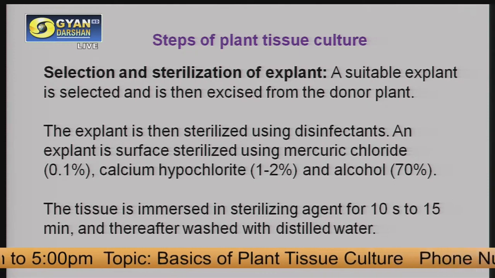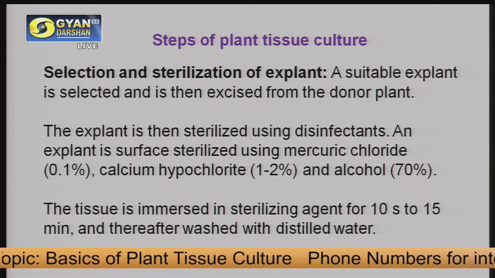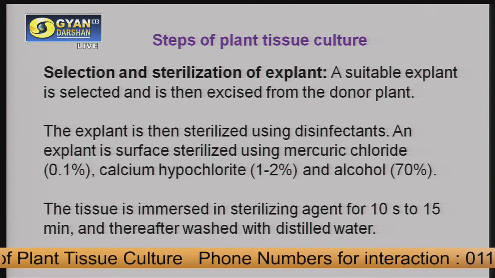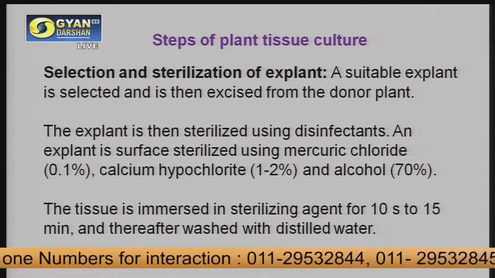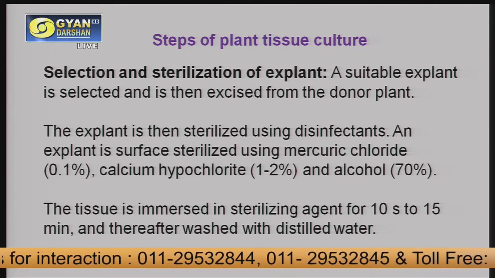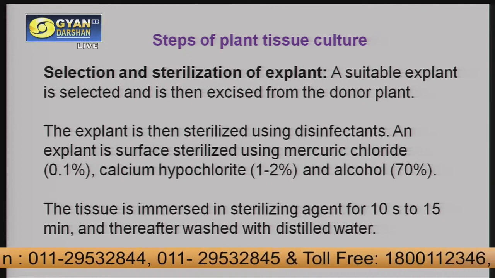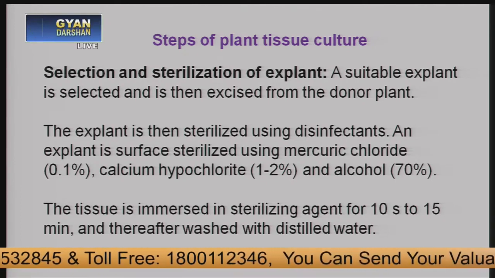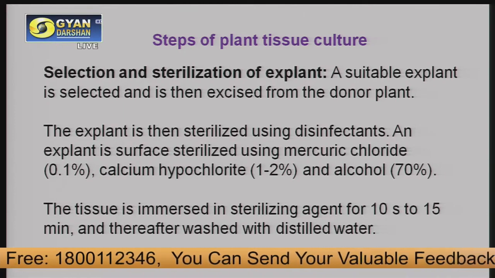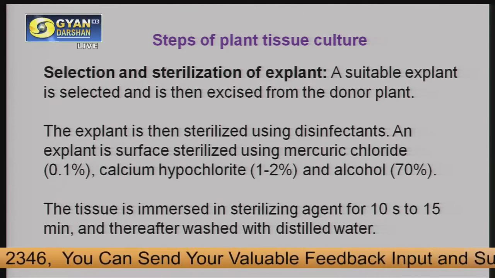These are some of the sterilizing agents, and people use different such agents. There is no hard and fast rule. Depending on the amount of contamination and the purpose of your study or work, you can use any of such sterilizing agents.